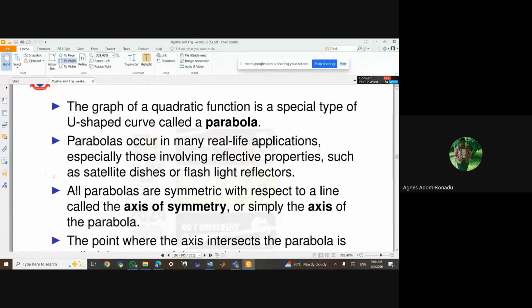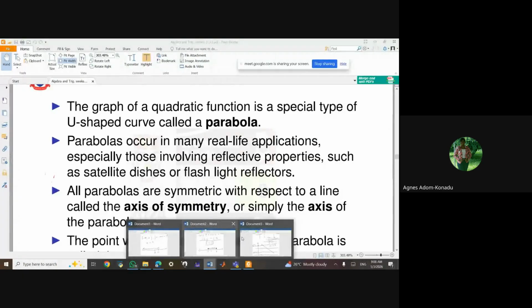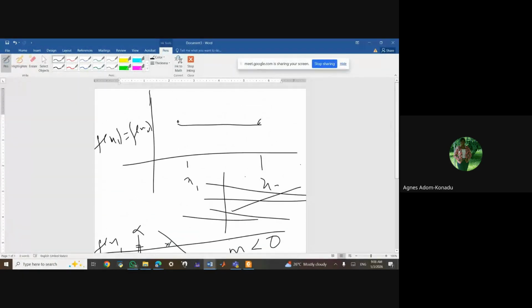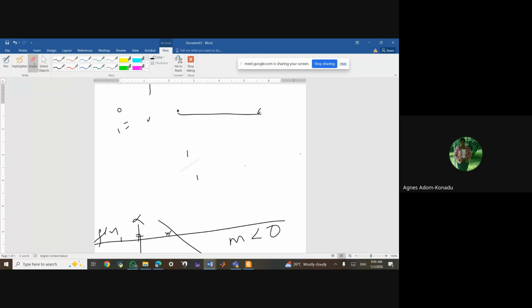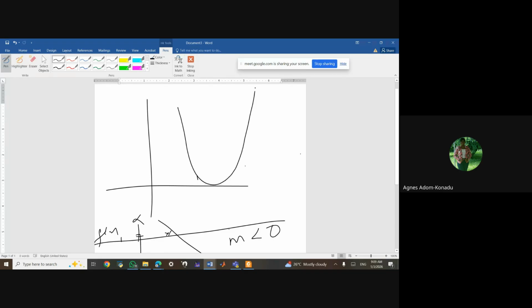Then all parabolas are symmetric with respect to a line called the axis of symmetry, or simply the axis of the parabola. So when you pick a parabola, the graph of a parabola always looks like this.